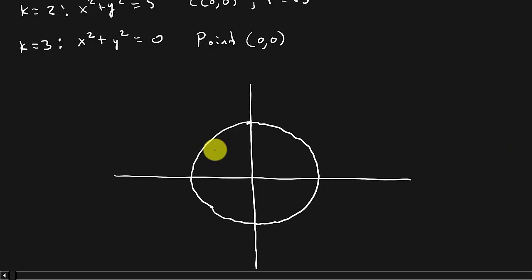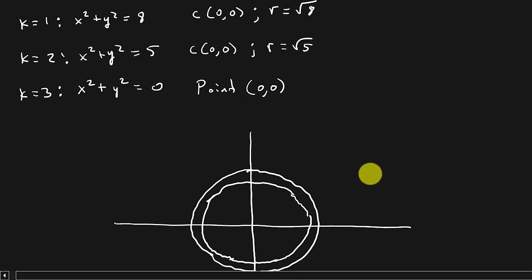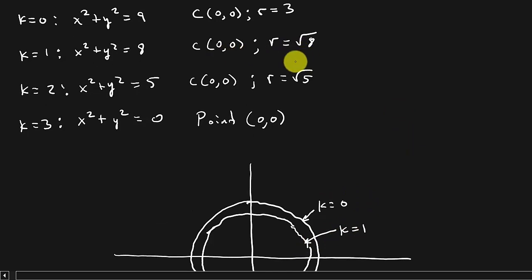That circle's going to be pretty close to this one. Okay. I know that's terrible, isn't it? Okay. So this right here, this is k equals 0. This one is k equals 1. Okay, so center at 0, 0, radius square root of 8.